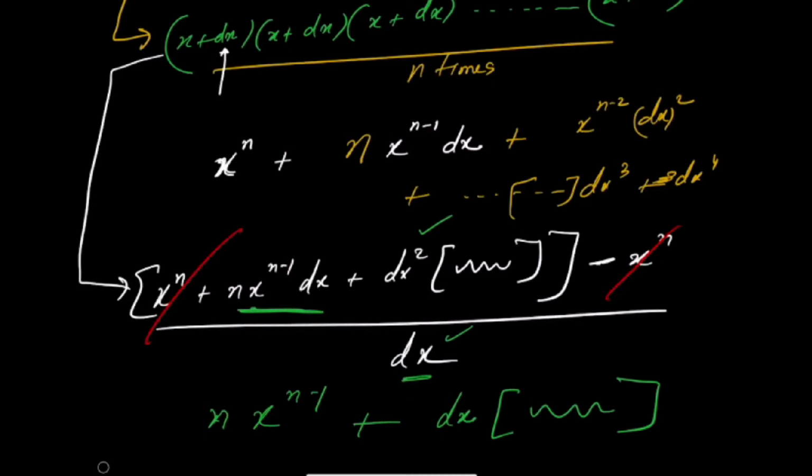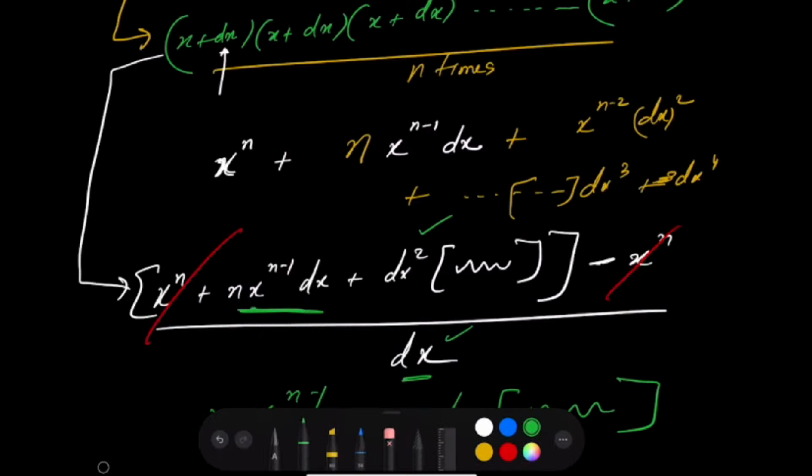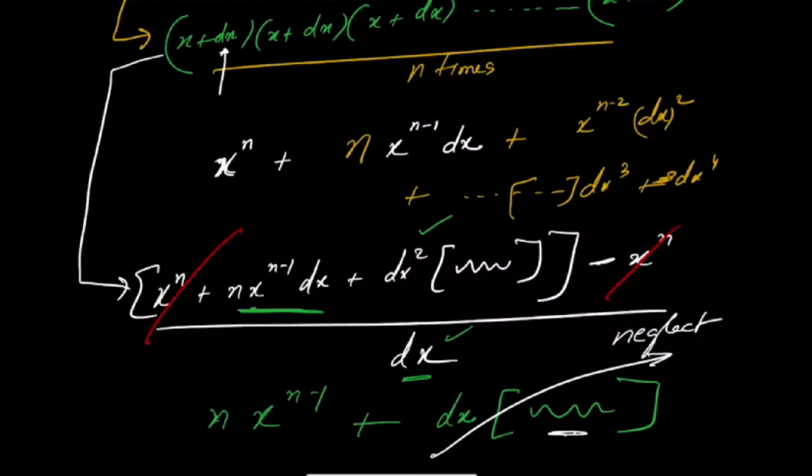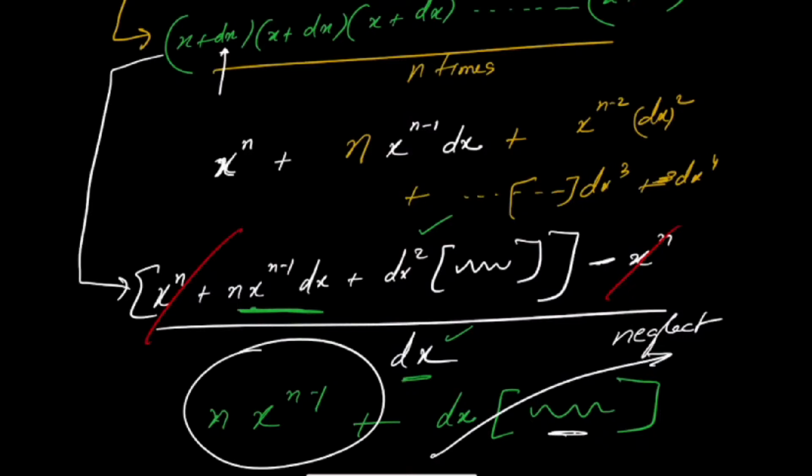Whatever that value is, dx is a small number, and dx multiplying any number will together become negligible, and I can anyway neglect it fully. That's why I'm not interested in this, because at the end there is a factor dx multiplying it. So what is remaining? n into x power n minus 1.